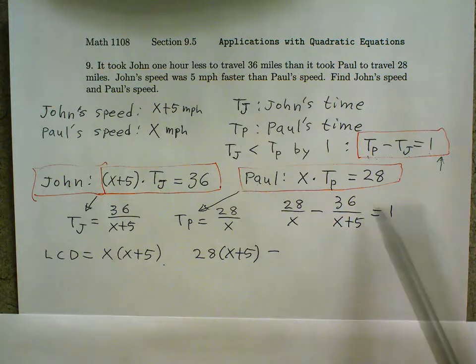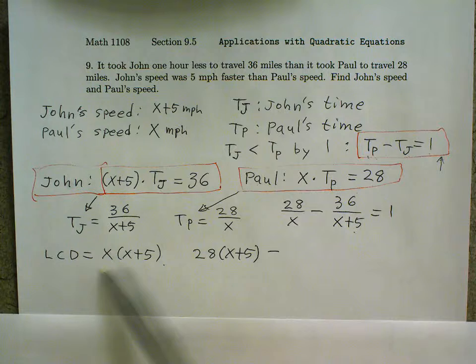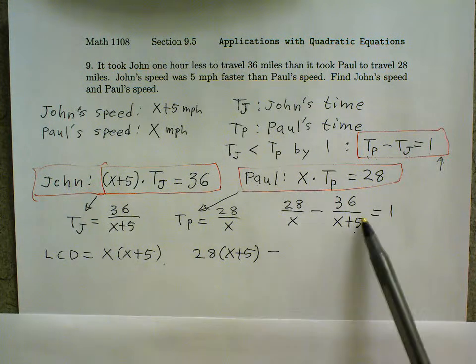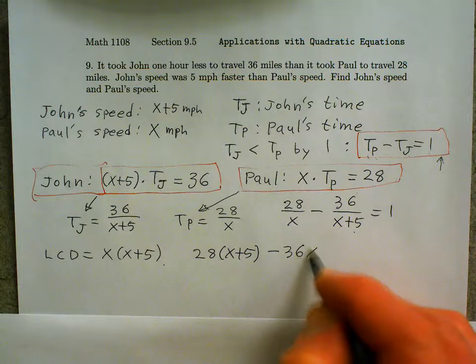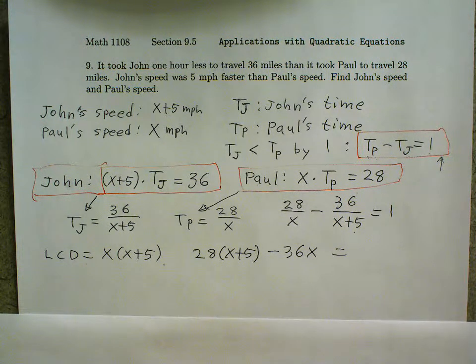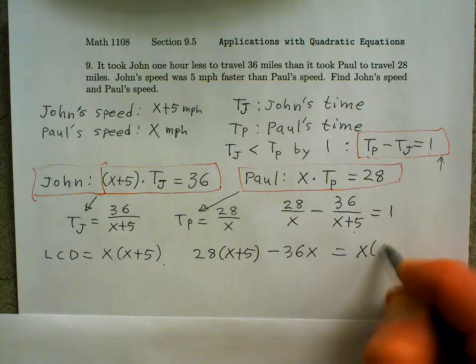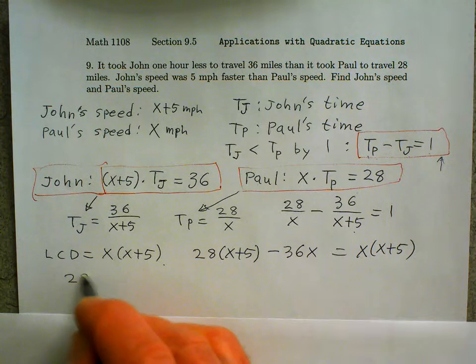And then when we multiply 36 over x plus 5 by x times x plus 5, the x plus 5 factors cancel, so we get minus 36x. And on the right-hand side, 1 times x plus 5 is x times x plus 5. Then we have a quadratic equation.